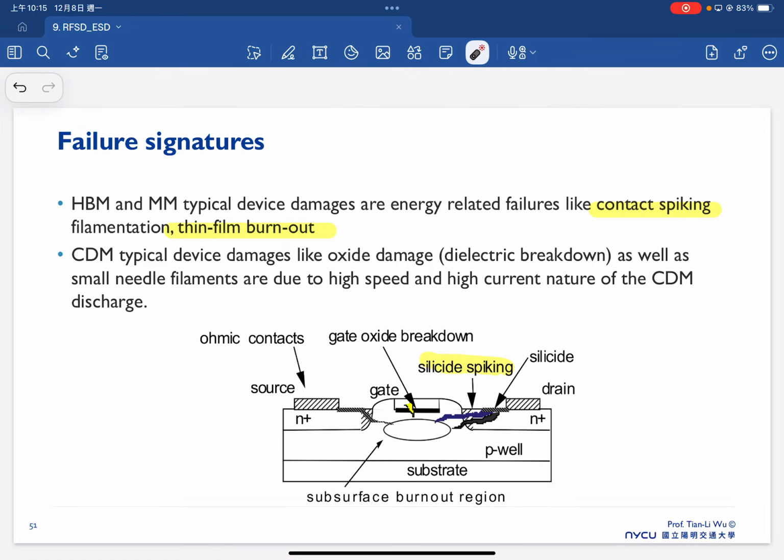The typical device damage for CDM is oxide damage, such as gate dielectric or gate oxide breakdown, and several other phenomena, mainly due to the high speed and high current nature of the CDM discharge. That's why we can expect CDM to show different failure mechanisms compared to HBM and MM.